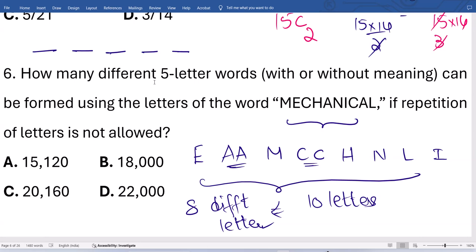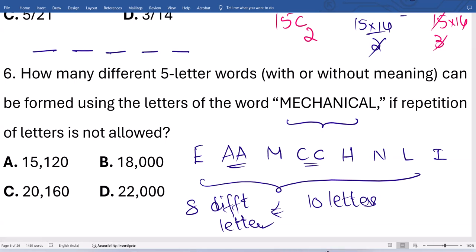Repetition of letters is not allowed. Words with or without meaning. So, what's your answer?